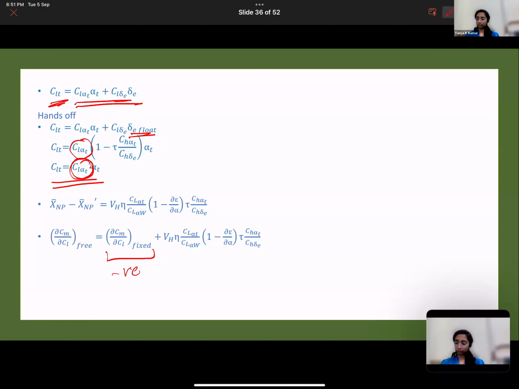Now let's look at this term. Let's see if it's positive. VH is positive, efficiency factor is positive, CL alpha tail is positive, CL alpha wing is positive. This entire term is positive. Tau is positive. CH alpha tail, positive or negative?